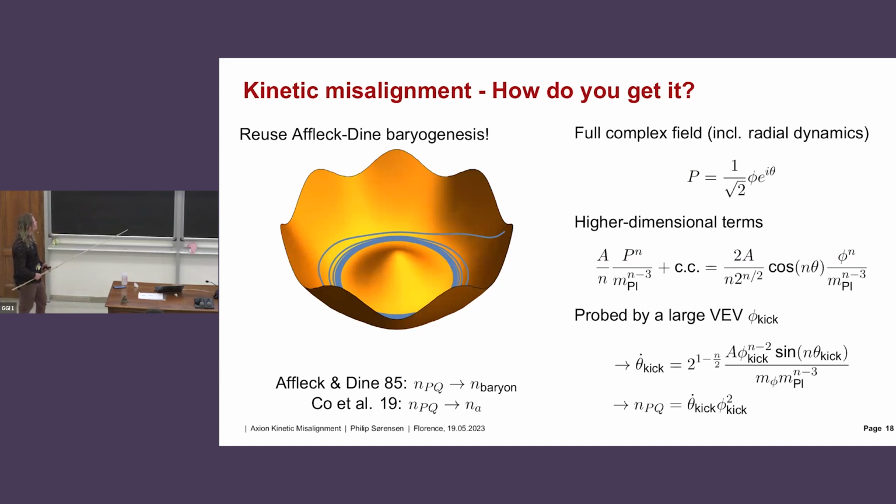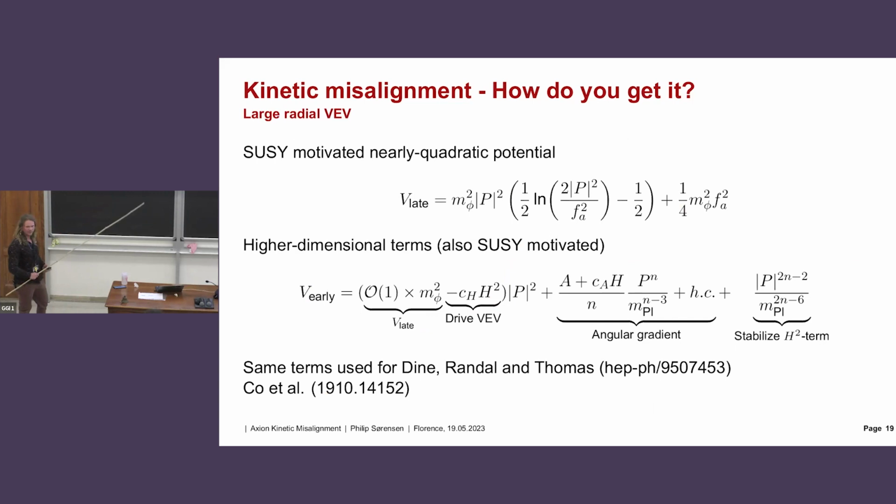So, of course, you also need this large radial value. And the way that Dine et al. did this is that in addition to generating a small radial mass through soft SUSY breaking, you have to appeal to SUSY.